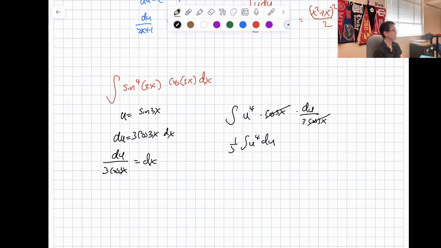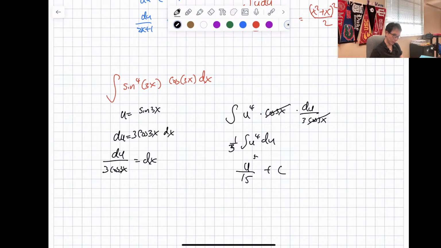I can take out 1/3, right? And it'll be u to the 5th over 15, because 5 and 3 multiply together. So it'll be sine to the 5th of 3x over 15 plus c.